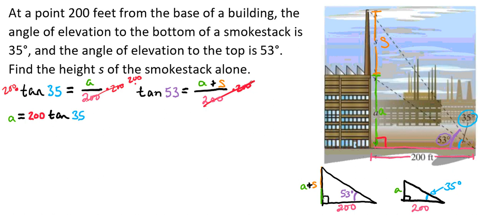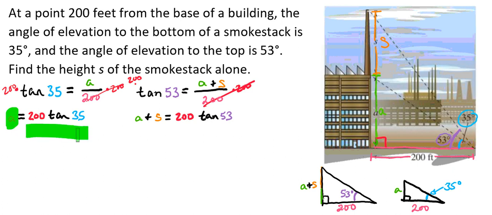To cancel those out, which is going to tell us that A plus S equals 200 times the tangent of 53. So from here, we see that we know what A is, right?